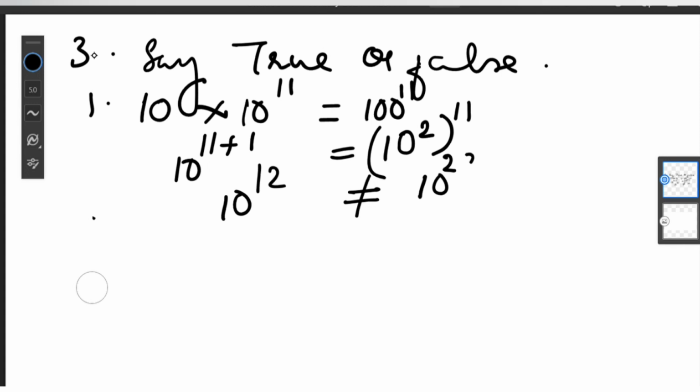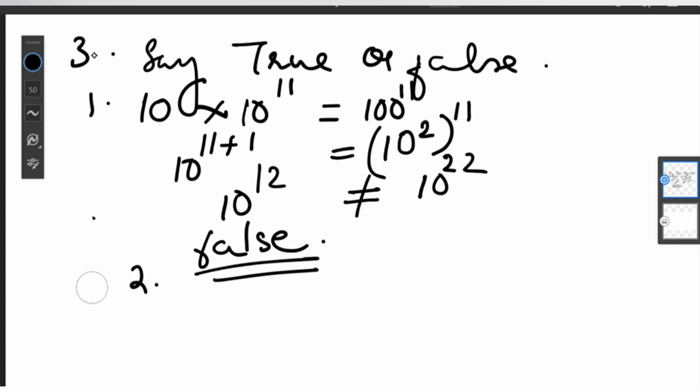So 10 to the power 12 is not equal to 10 to the power 22. So this problem is false. How is it false? 10 to the power 12 is not equal to 10 to the power 22.